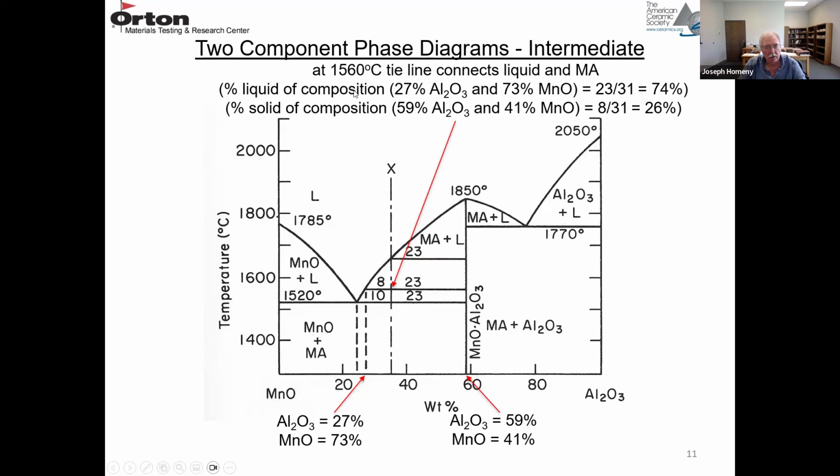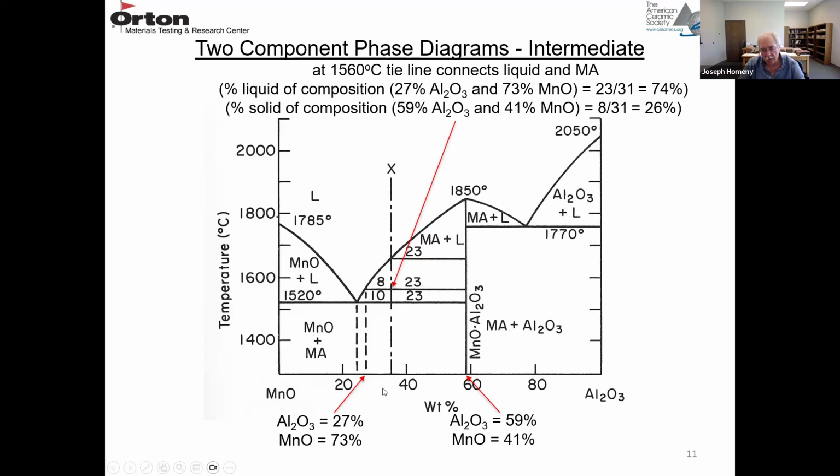So the amount of liquid present, again 27% Al2O3 and 73% MnO, is this portion of the tie line, 23, which is opposite the liquid phase, divided by the total, which is 31. So 23 over 31 is 74% liquid. And then the percent solid is this ratio: 8 is opposite the compound Ma, so it's 8 over 31, or 26%.